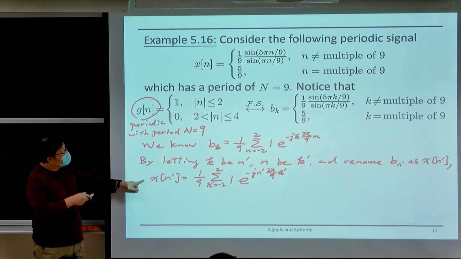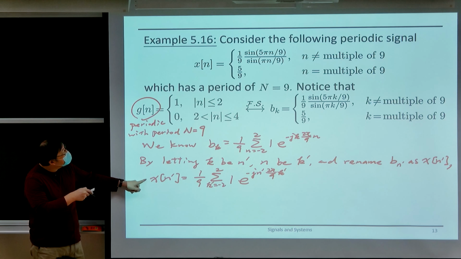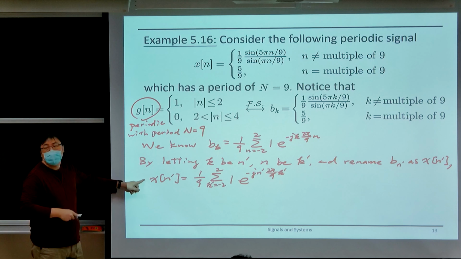The reason I can do this is because these two are exactly the same. As long as I change this index k to n, this thing is exactly xn.